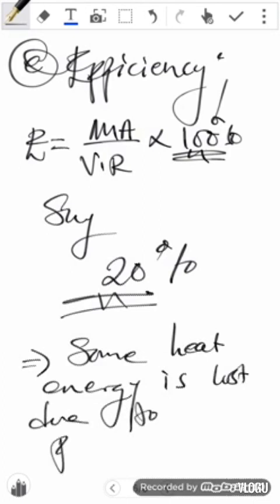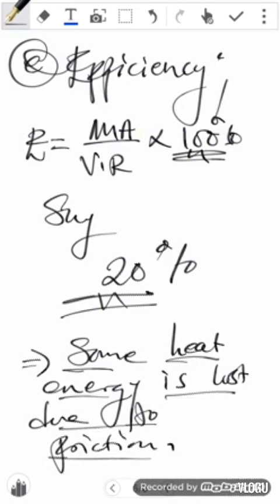Friction is a type of force that is experienced between two surfaces that are constantly rubbing each other. So be mindful of this point that I've just said. In real life, the efficiency can never really be equal to 100% because some of the heat energy is lost due to friction. But I'll explain more on efficiency as we look at some of the types of simple machines.